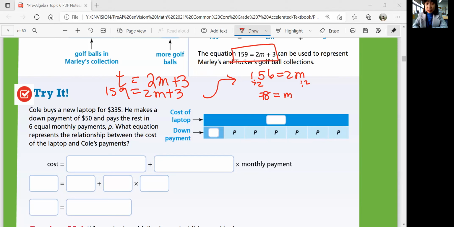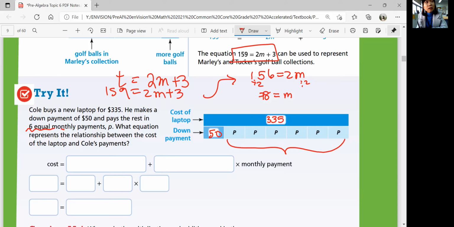What equation represents the relationship between the cost of the laptop and Cole's payments? So whatever your cost for the laptop is, which is given as $335, he pays $50, right? So whatever is left is divided by 1, 2, 3, 4, 5, 6, because he's going to pay it in 6 equal monthly payments.